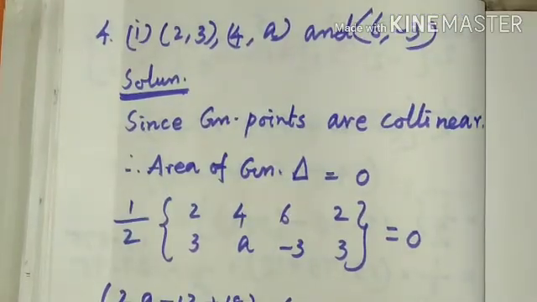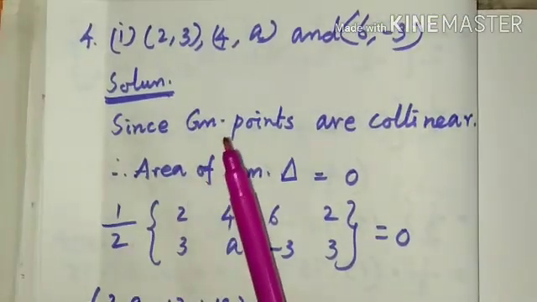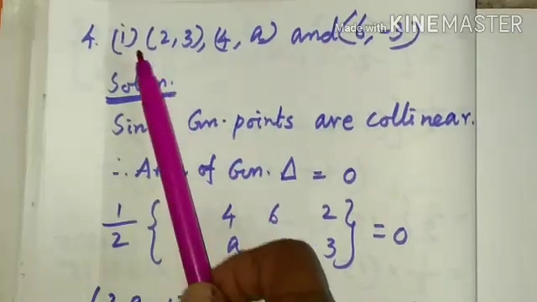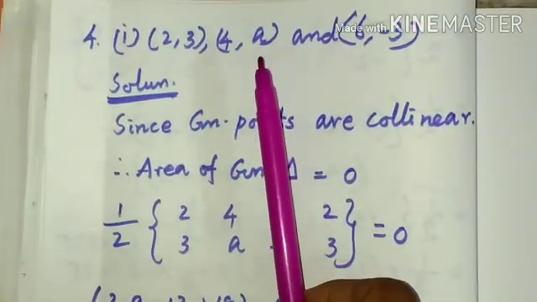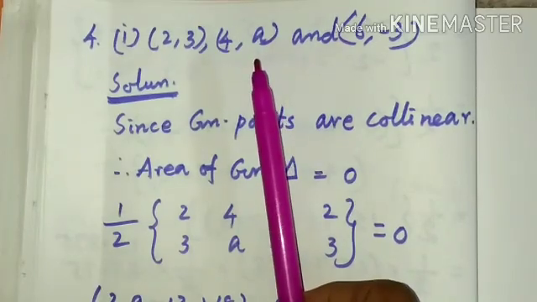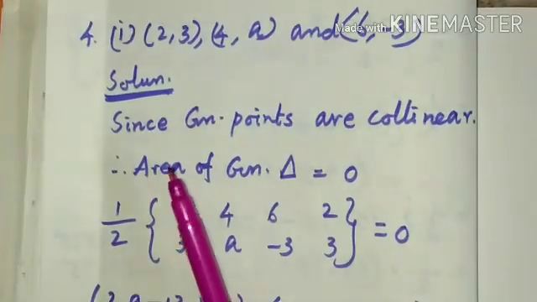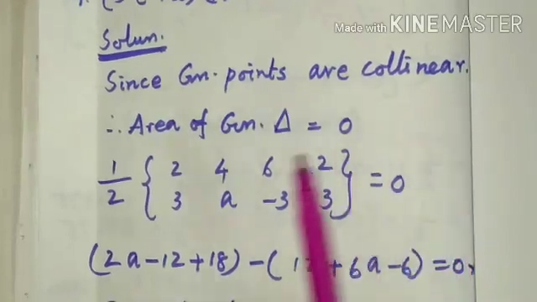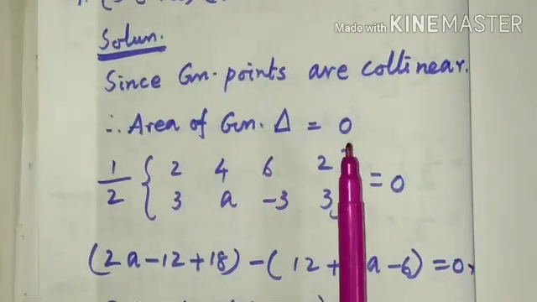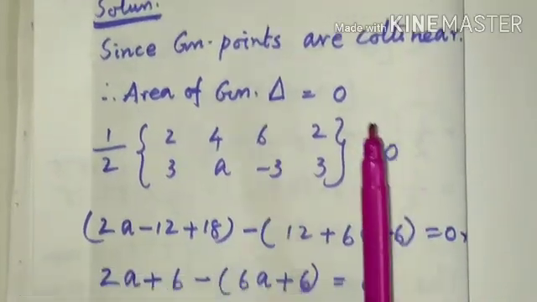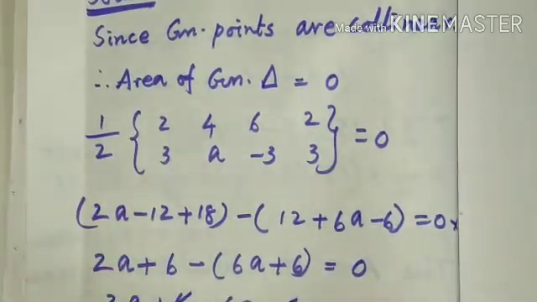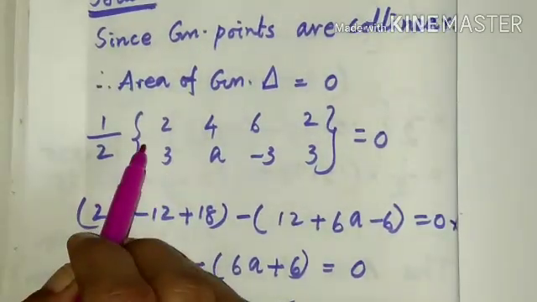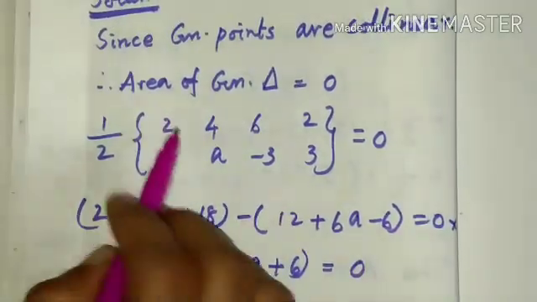Next sum, fourth question, first subdivision. The given points are collinear, then find the value of A. Since the given points are collinear means the area of the triangle is equal to 0. Then you write down the given points in column wise formula means we get like this.